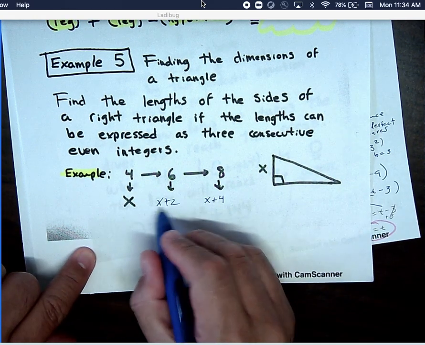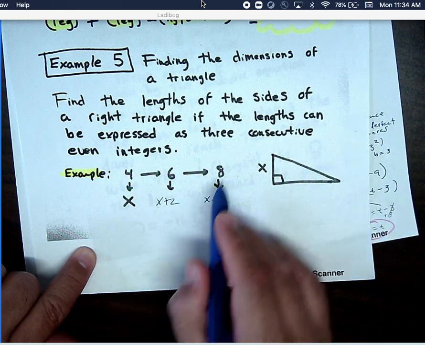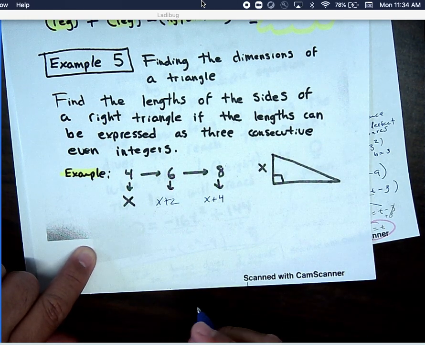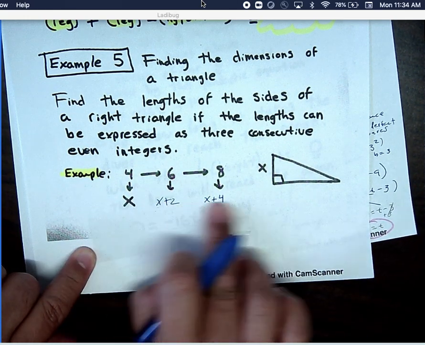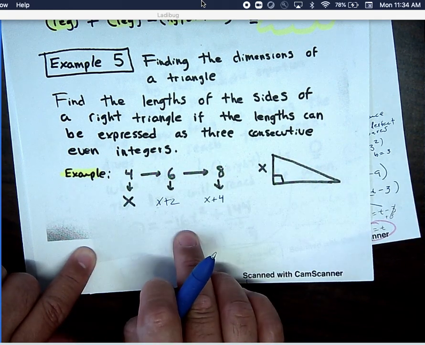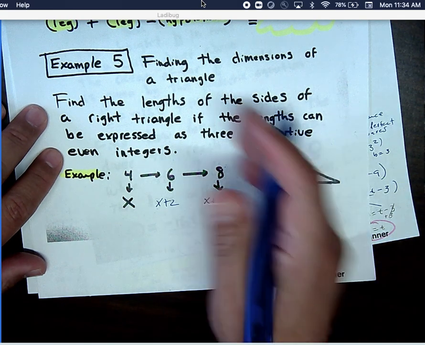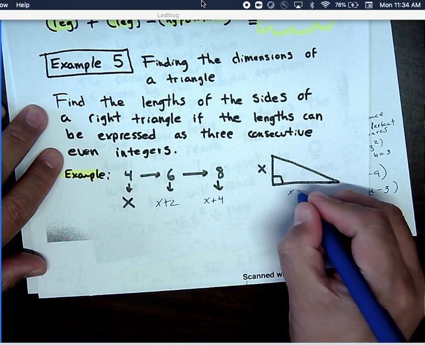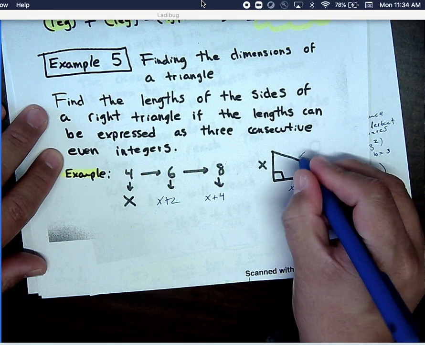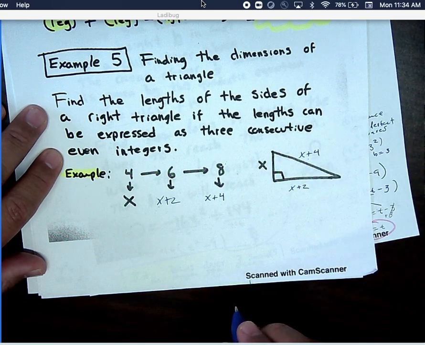X plus 2 to get to this one, and x plus 4 to get to the third consecutive even integer. So this is how you express this idea algebraically. So here this would be the x plus 2, and then this one would be the x plus 4.